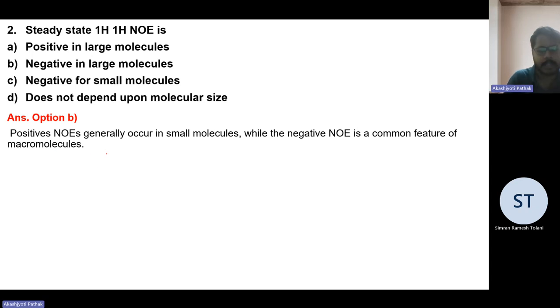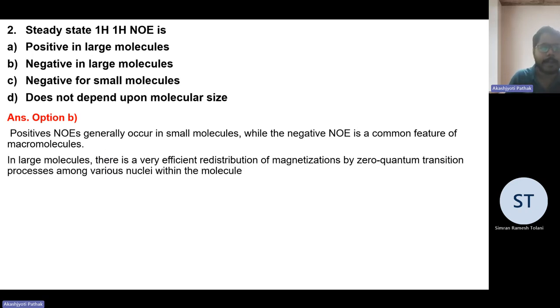Macromolecules are large molecules. So what happens in large molecules? There is a very efficient redistribution of magnetizations by zero quantum transition processes among various nuclei within the molecule. Zero quantum transition processes means this W0.